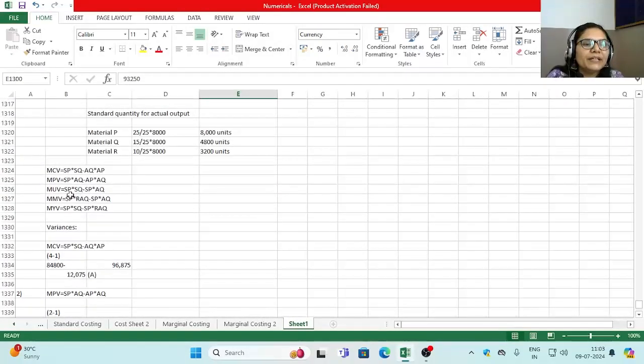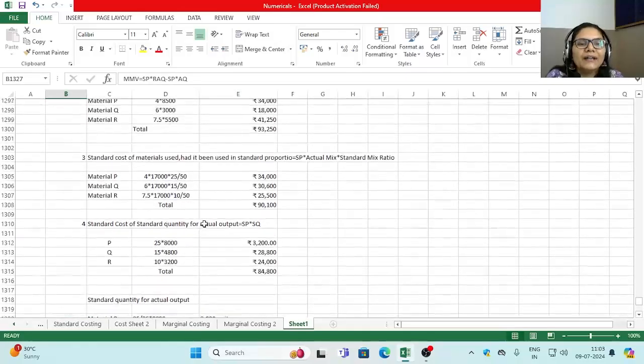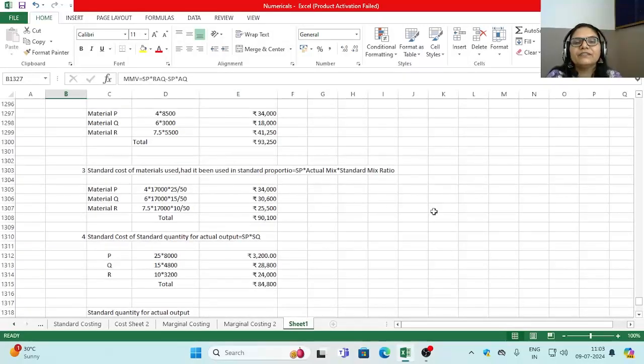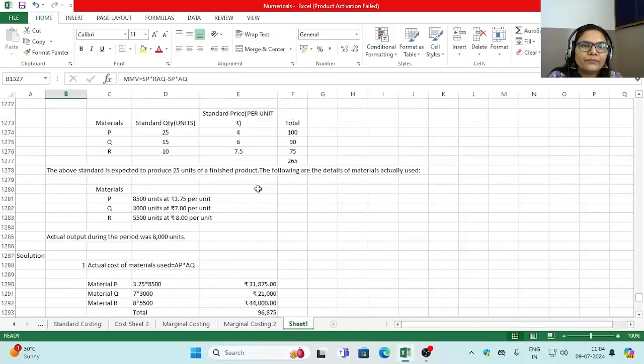Next comes SP into RAQ. RAQ, we know, is the revised actual quantity, and it is calculated whenever we are calculating material mix variance. So revised actual quantity is equal to actual mix into standard mix ratio. So actual mix, we know, is 8,000, 3,000 and 5,500.